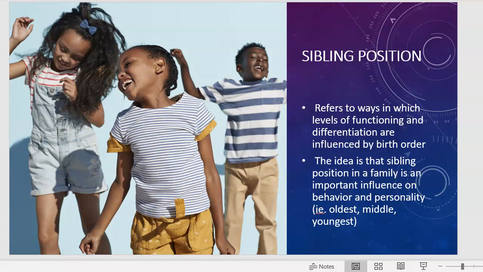So the list of different types of families goes on, and we need to think about the family in their particular social context and cultural context, and all of the dynamics that go along with that.